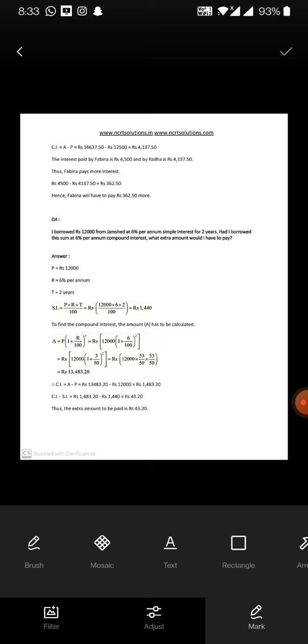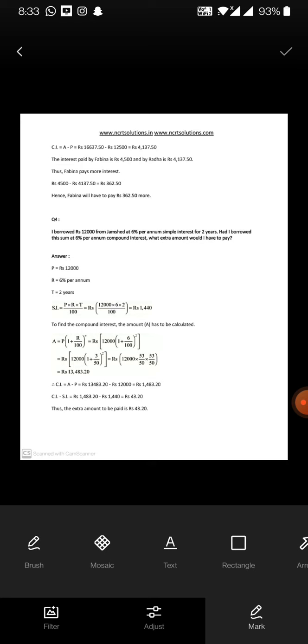Question number 4 is asking for the compound amount. I borrowed 12,000 from Jamshed at the rate of 6% per annum, simple interest, for 2 years.